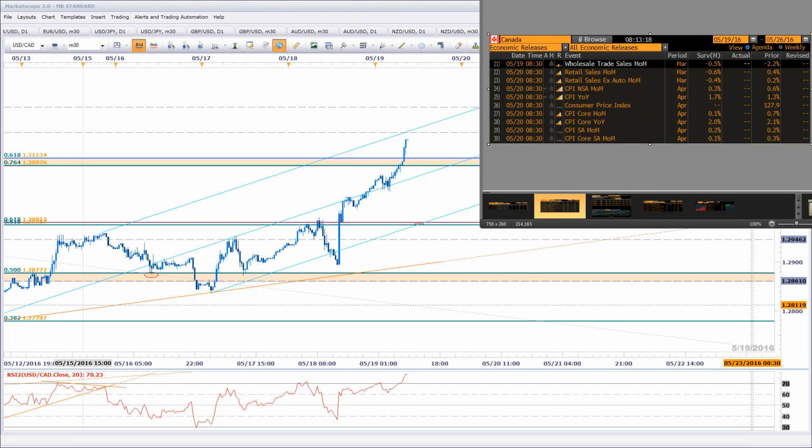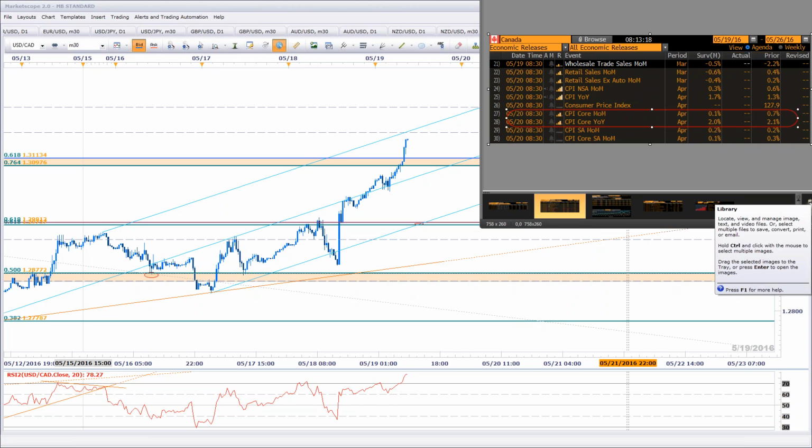What you want to be paying attention to, as always, is the core reads, which are expected to soften. You don't want to pay too much attention to the month-on-month, but the year-on-year from 2.1 to 2%. Slowing inflation has been the global theme, with everyone trying to stoke inflation, right? So we'll definitely be looking for that print at 8:30.